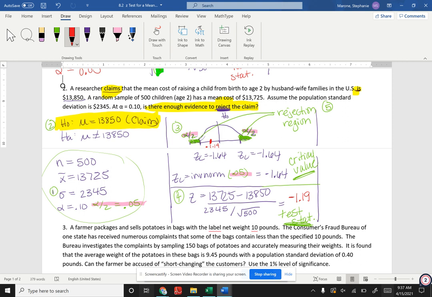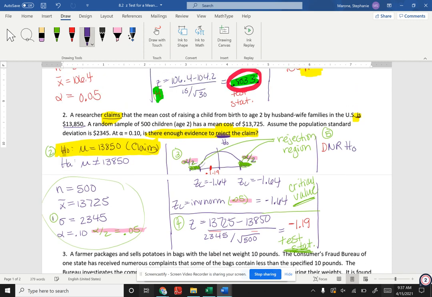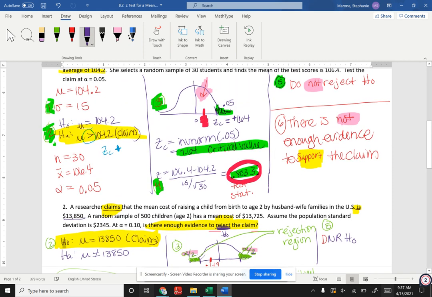Doesn't really matter where on that line we graph it, as long as it's to the left of 0, but to the right of Z sub C. So again, it's in the non-rejection region, so our decision is to not reject the null hypothesis. You can write DNR or you can write do not reject, like I did up there.